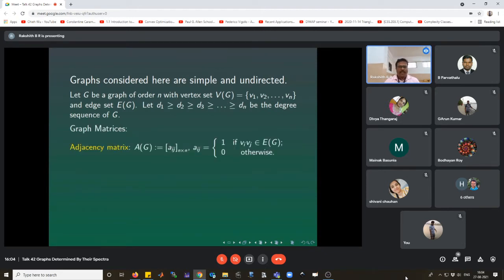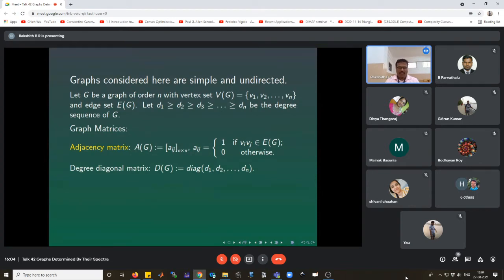One is the adjacency matrix. You know that it is a symmetric matrix whose entries are 0 or 1. Its ij entry is 1 if there is an edge between the vertices Vi and Vj, and 0 otherwise. It is a symmetric matrix and all its eigenvalues are real. Also, we know what is meant by the degree diagonal matrix.